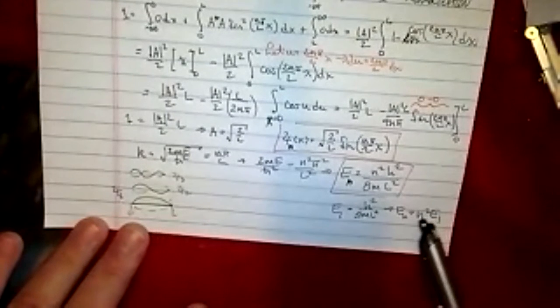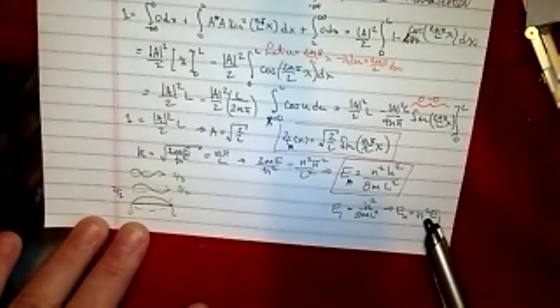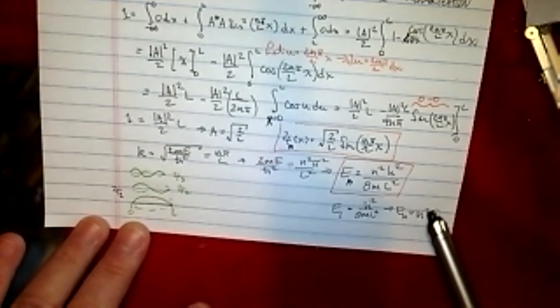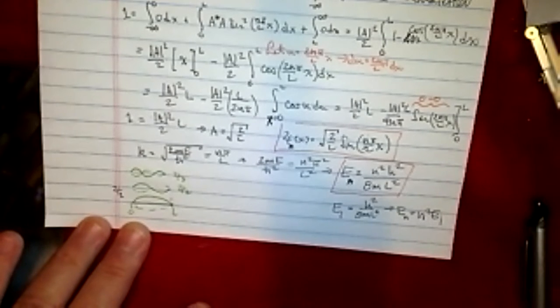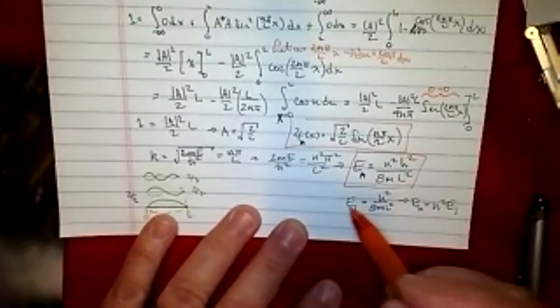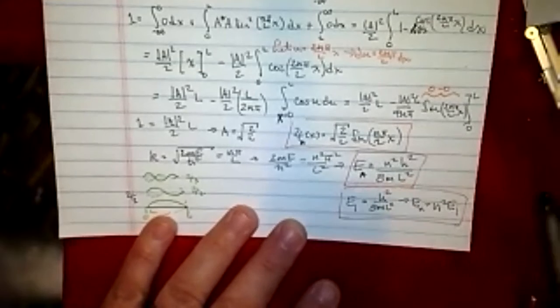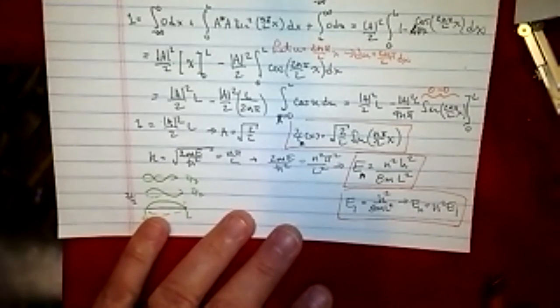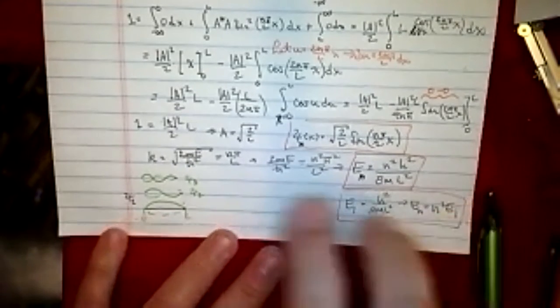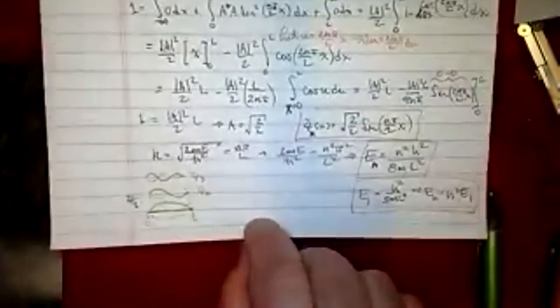So that's another useful thing. You can see as the n goes up, the energy goes up. If I double n, the energy goes up by 4. If I triple n, it goes up by 9. If I quadruple n, it'll go up by 16. So that's yet another way of expressing the energy. And this is sort of your first introduction to how quantization affects real particles.